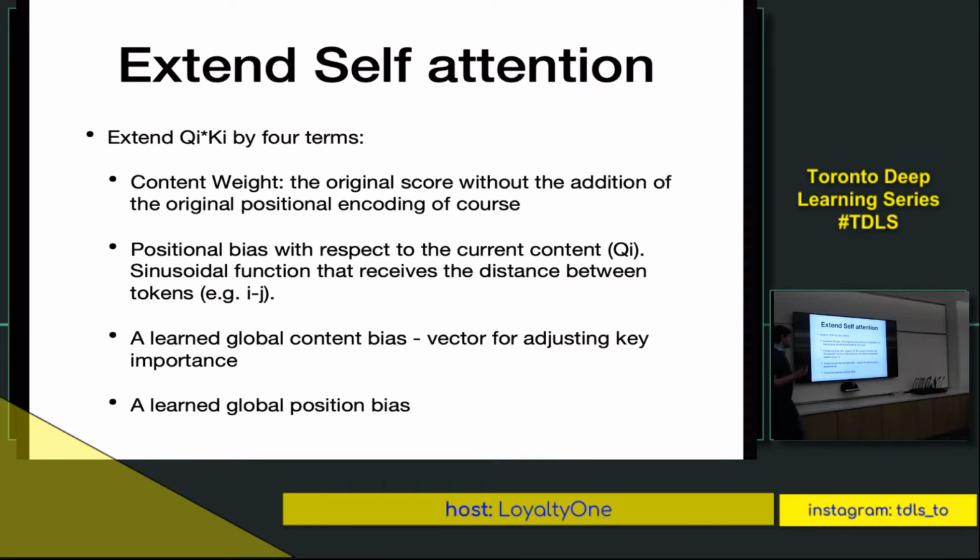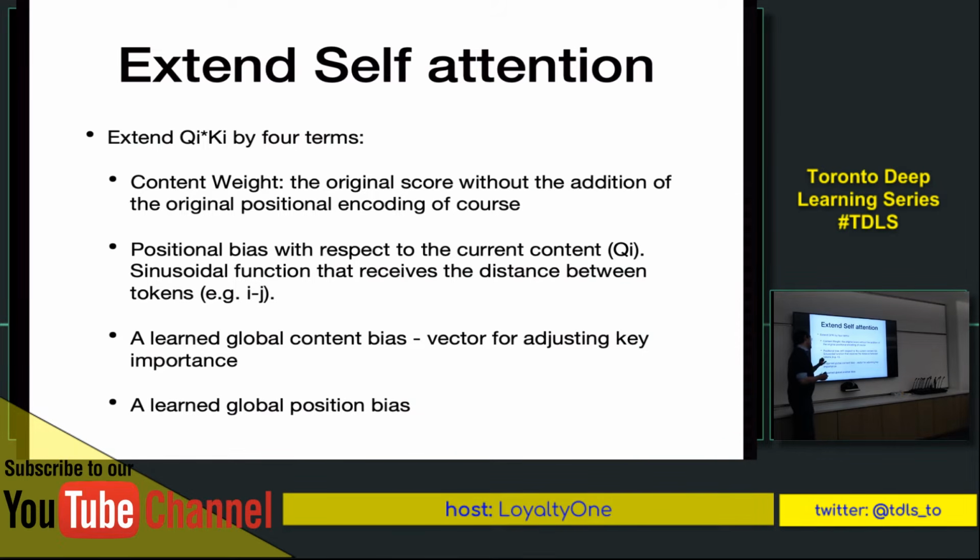And instead of taking the absolute positions, it just takes the relative distance between the query and the key. So they just extend it. And then it's extended by another term, which is kind of like a learned global content bias. So it's a little bit independent from the current key and value. And then they learn a global position bias.